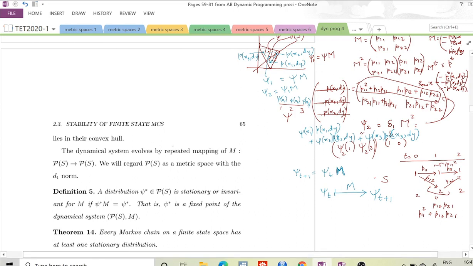Right. So to do dynamics, we will regard this unit simplex P of S as a metric space with the D1 norm. Okay, the D1 norm is going to take the absolute values of the various entries on any vector or distribution C, right?